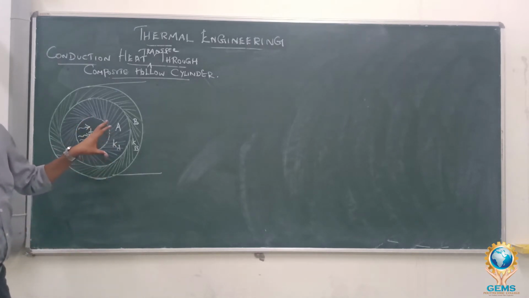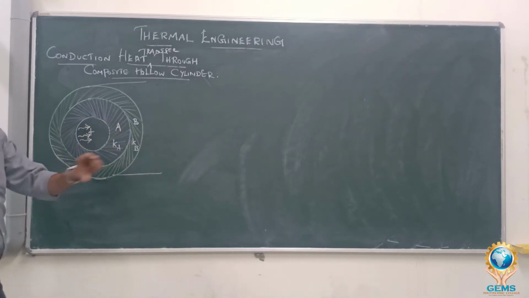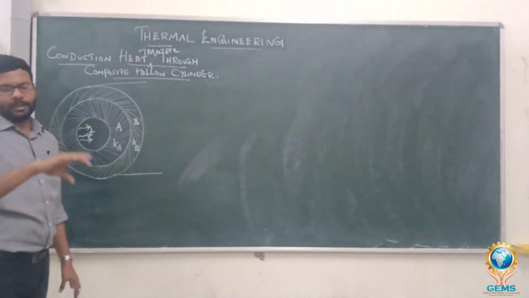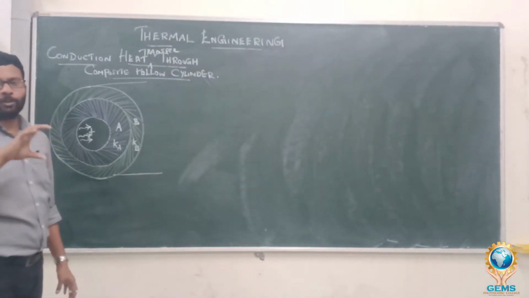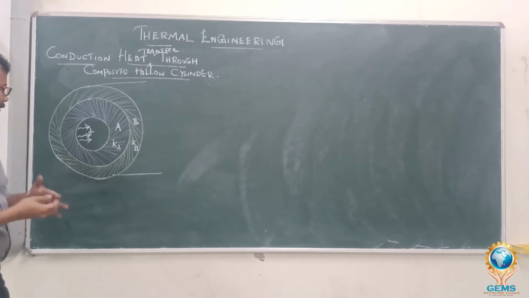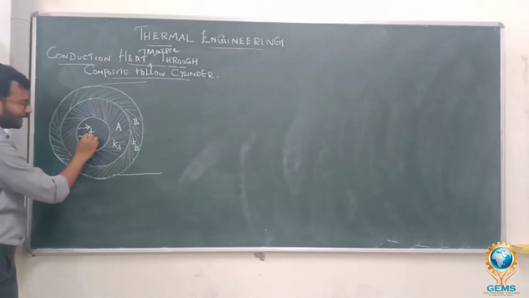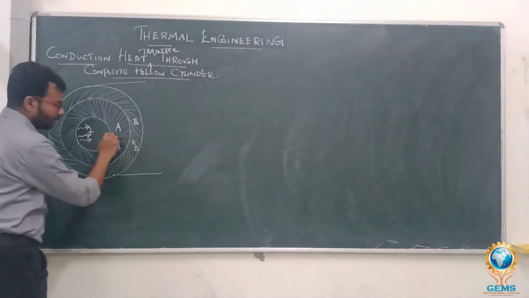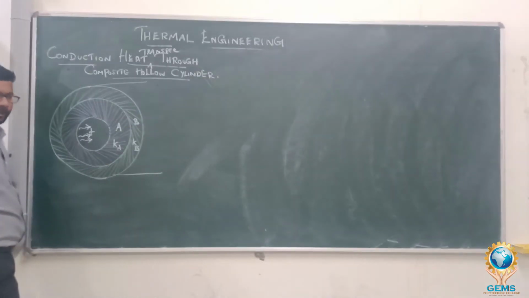We all know that whenever hot fluid flows inside a pipe, if you touch the outside surface of the pipe, it gets heated. This is because the heat transfer is happening through conduction. The heat is transferred from the liquid to the solid, and from this solid to the outer layer.